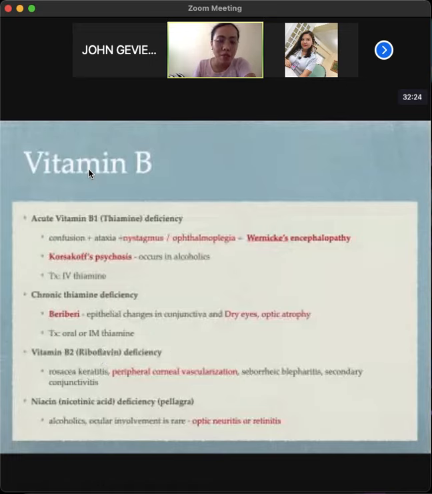B2 deficiency is seen in those with peripheral corneal vascularization, prone to blepharitis and conjunctivitis. Niacin deficiency or pellagra, you may have optic neuritis or retinitis. So with all these manifestations, we can say that vitamin B is important to what structure of the eye.